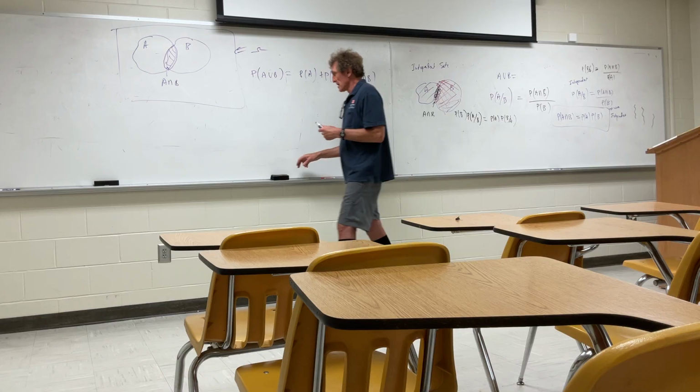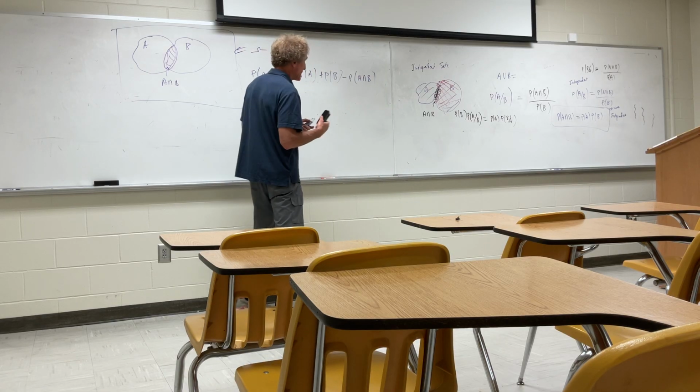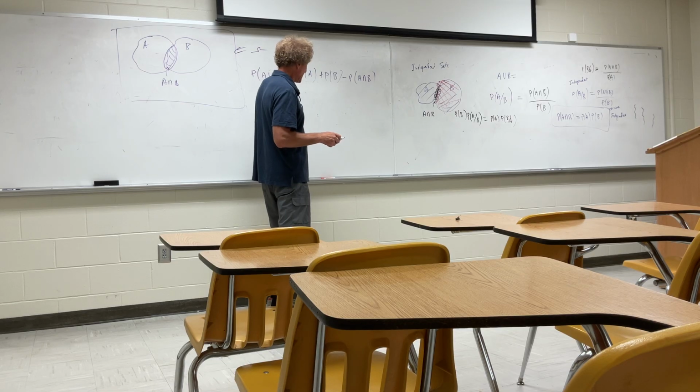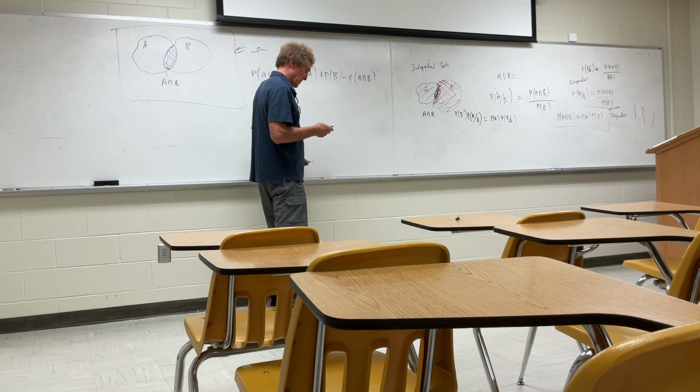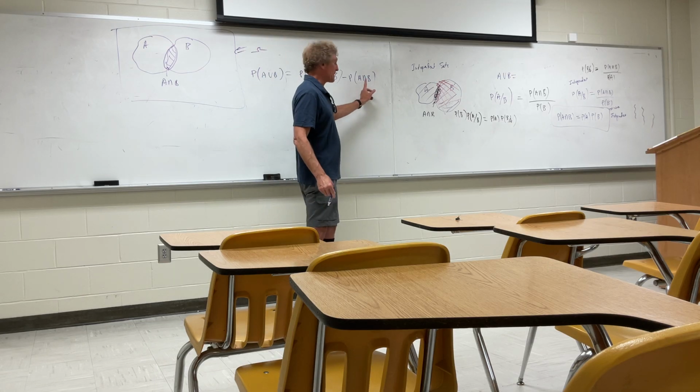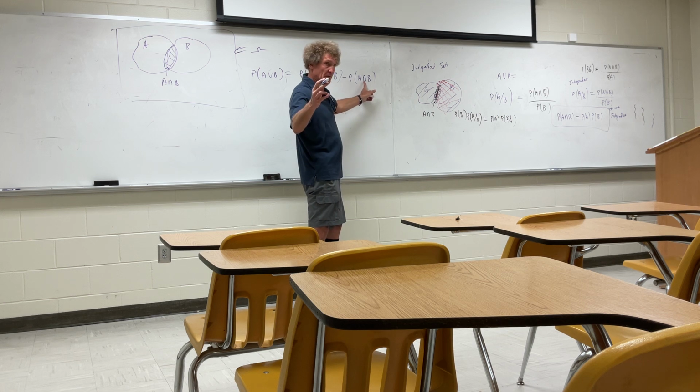Now, if you look at this right here, if they were independent, listen, if they were independent, then this becomes probability of A times probability of B, right? Write that down.